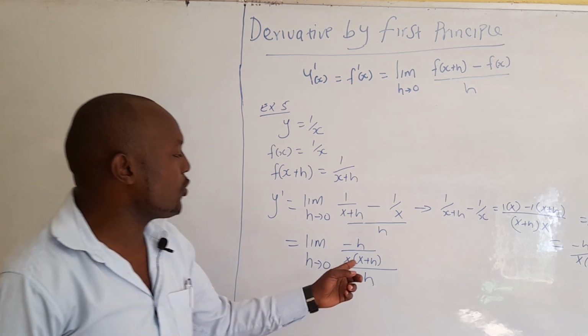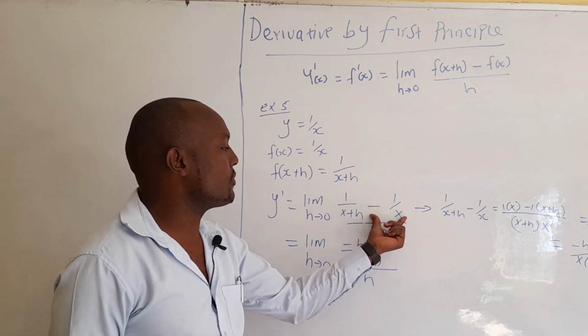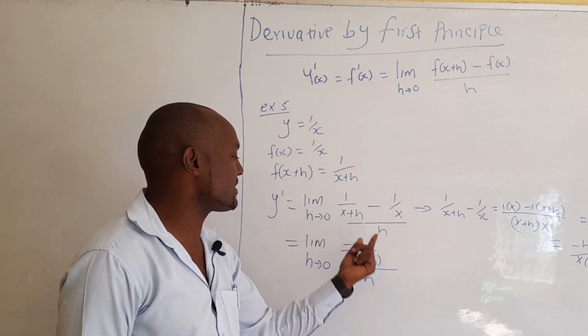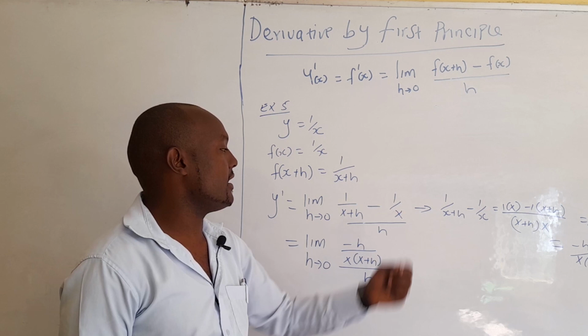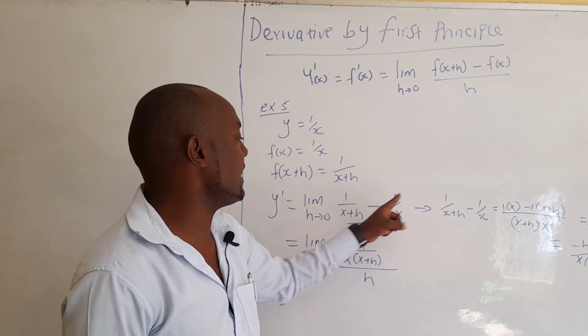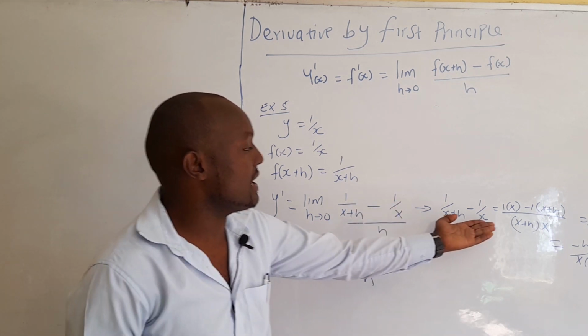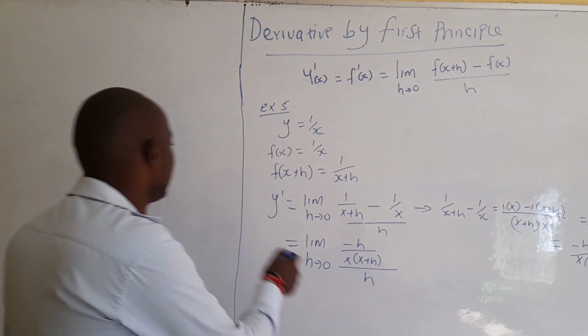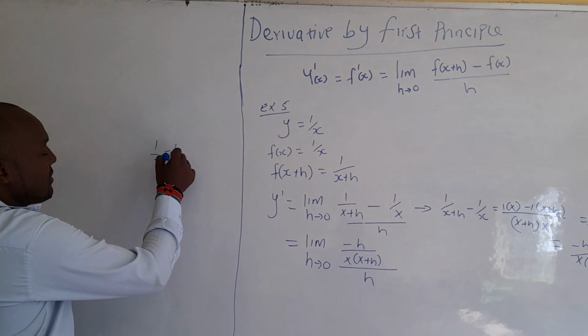Yeah, there are some people who will multiply this one with the LCM. The LCM of this one and this one is x plus h. Then they will multiply here and here with that, the way we have solved that one. Let me say it is just like you are solving 1 over 2 minus 1 over 3.